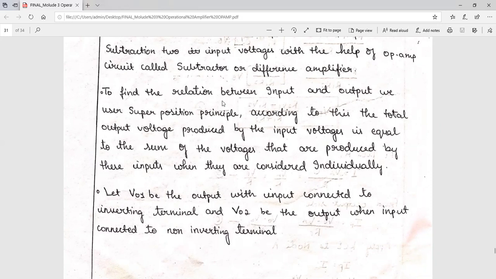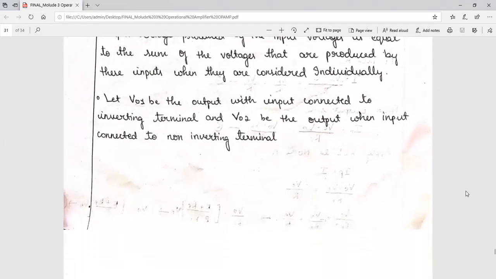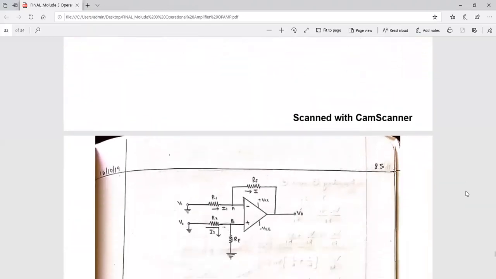So according to the superposition principle, the total output voltage will be the sum of these two output voltages, which are the resultant outputs when we are considering input only to the inverting terminal once and the non-inverting terminal for the other case. Clear? Now we'll see the corresponding circuits with respect to the explanation.